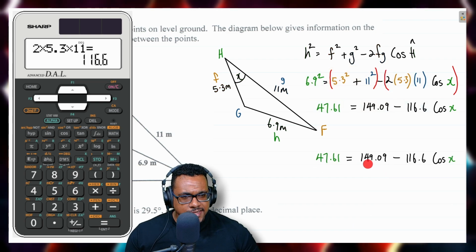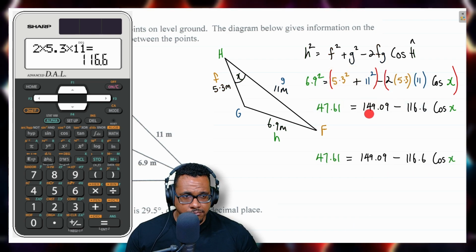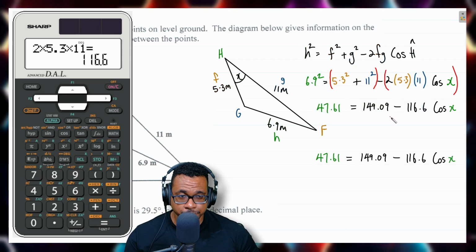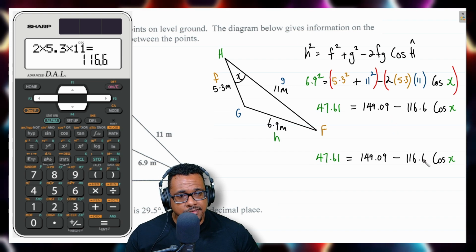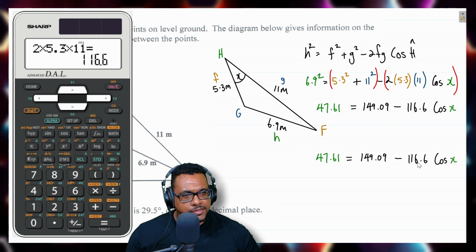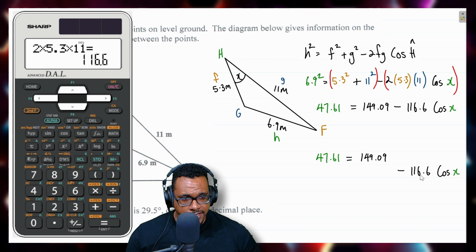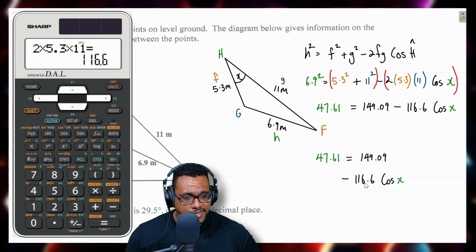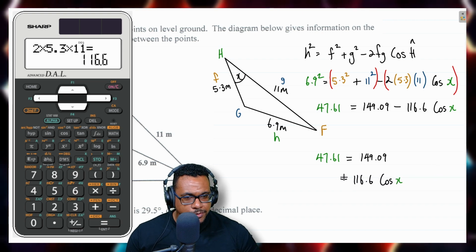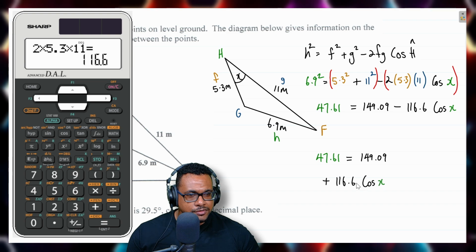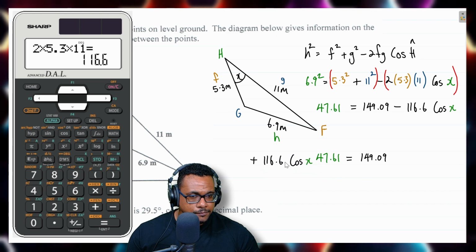This line here is the same thing that I have up here. I'm just going to do the transferring to show you. When I take this negative 116.6 cosine x and transfer it across the equal sign, this negative sign will change to a positive sign.